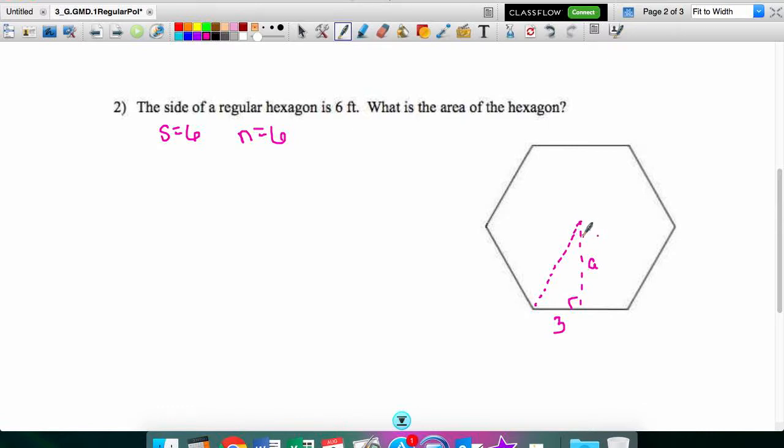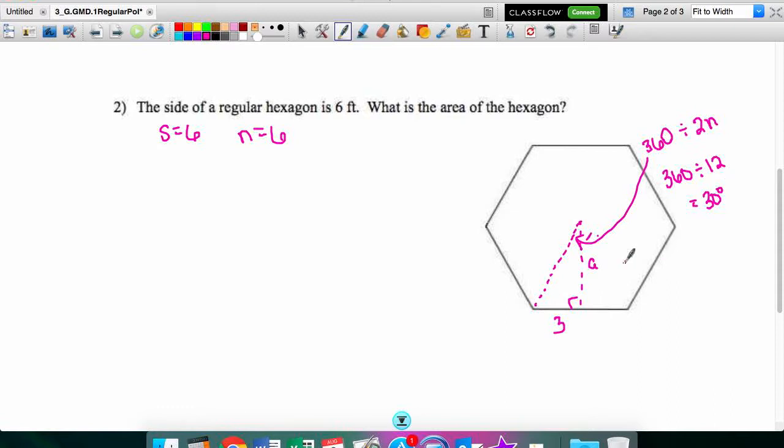And because an entire rotation around a center point is 360 degrees, you can always calculate this angle by taking the entire measurement all the way around, 360, and dividing by double the number of sides. So in this case, we're going to take 360 divided by 12 because there are 6 sides and double it would be 12. If you take 360 divided by 12, this will give you the angle measure right there at the top by the center. In this case, it turns out to be a 30-degree angle.